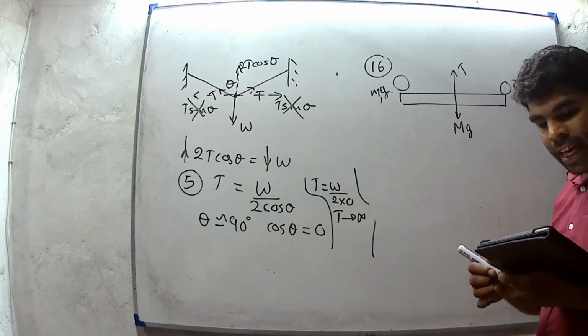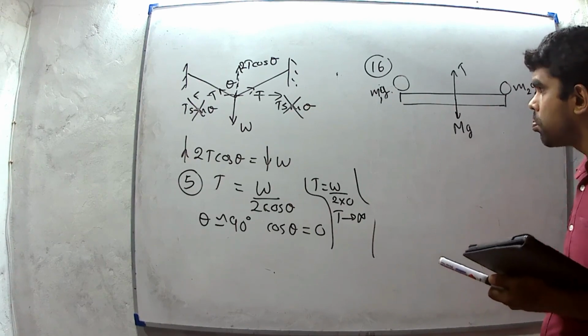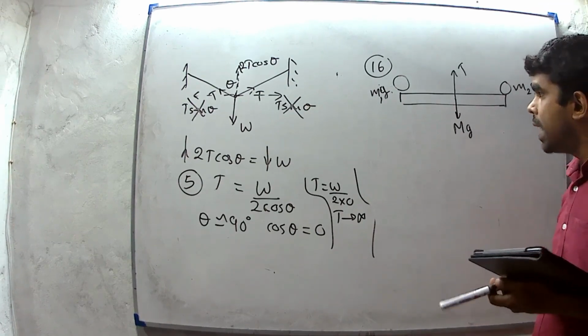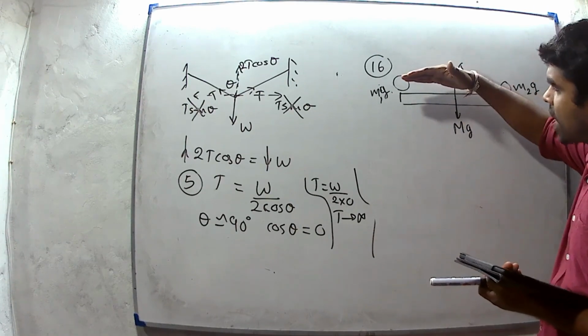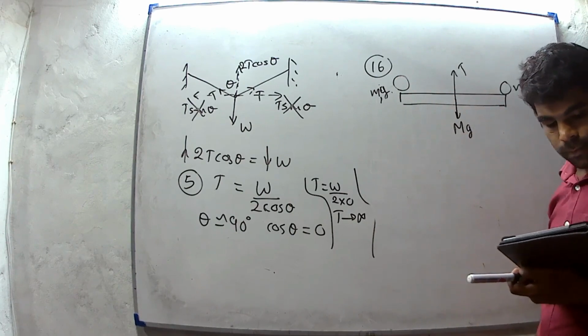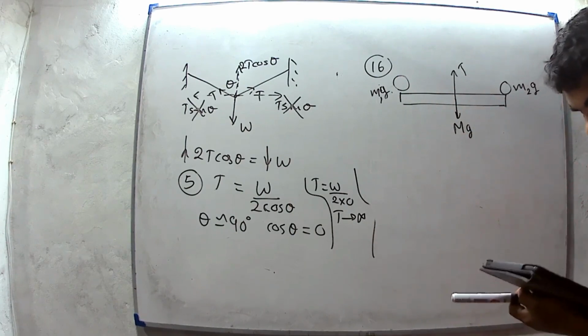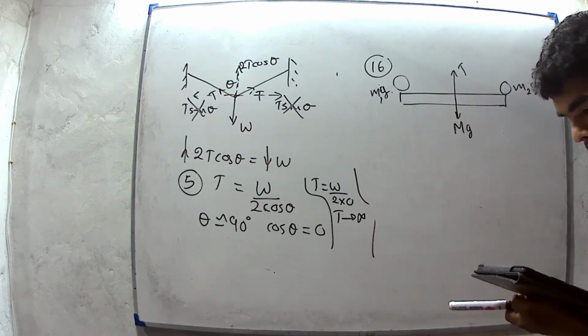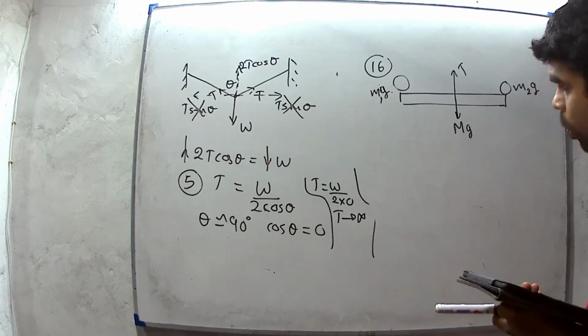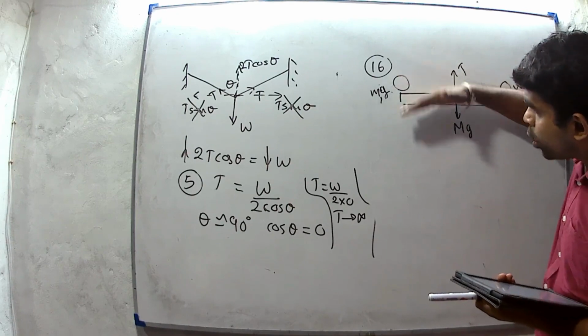If M1 is a greater value, there is a resultant torque in this direction. The system is trying to rotate in this direction.